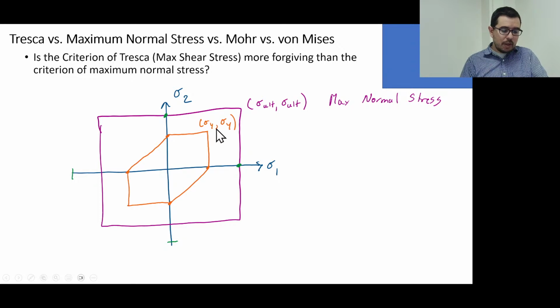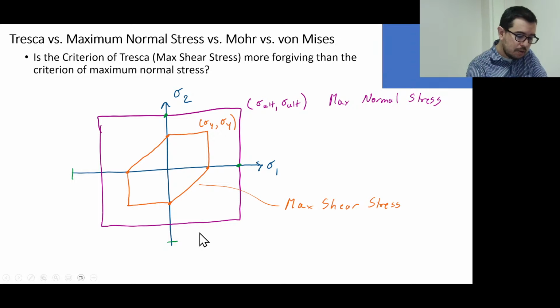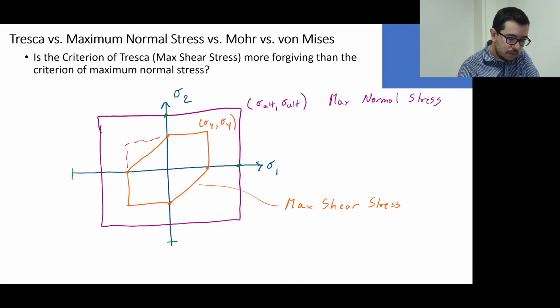But even if they're the same, you see that the maximum normal stress is bigger. Like even if I move this to here and I move this to here, I still would carve out this region and this region right here. I would still be carving out more.